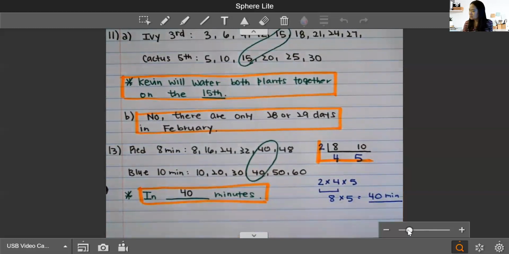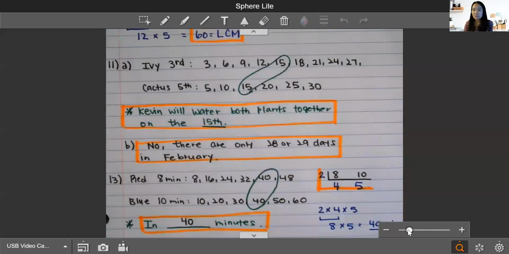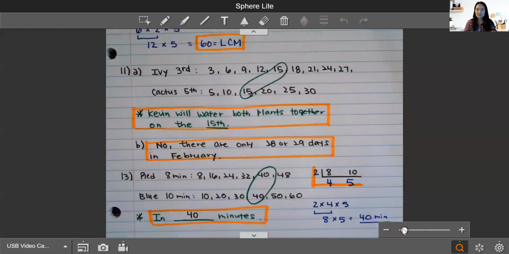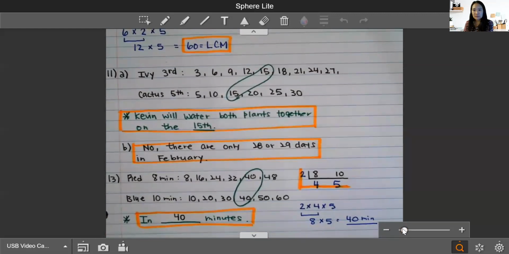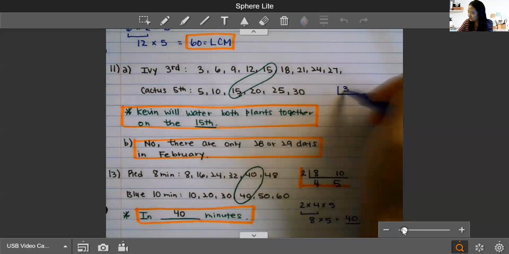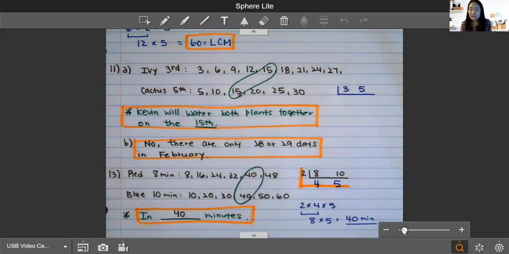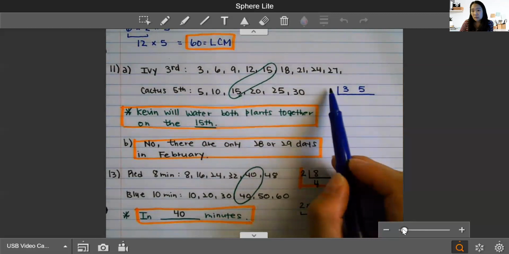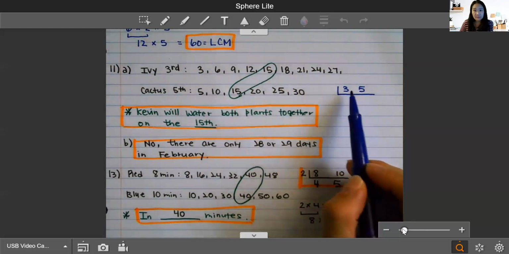You could use that same strategy for number 11 as well. Oh, and in fact, there's something important I want to talk about regarding number 11. Let's go ahead and try the ladder method with 11 as well. 3 and 5. There is no common factor other than 1 that you can use for 3 and 5.